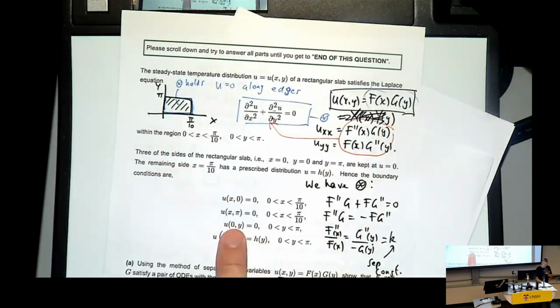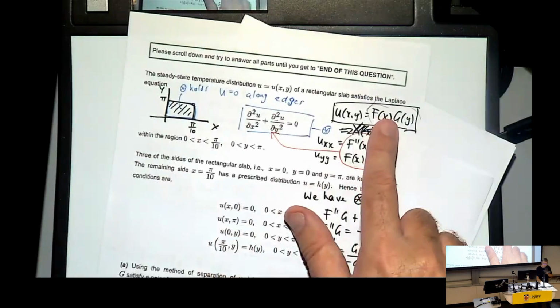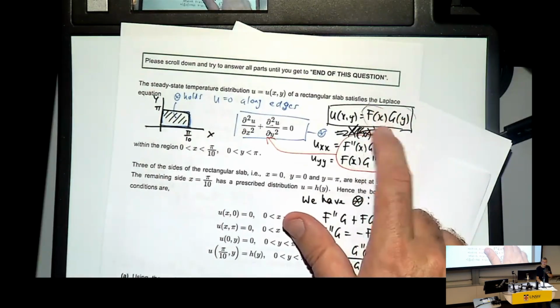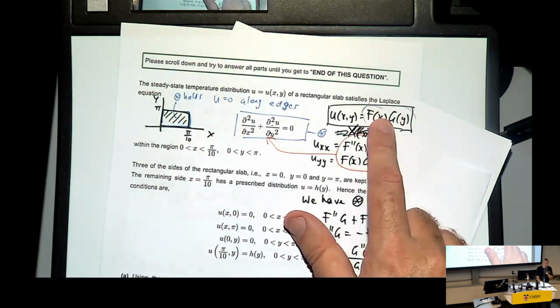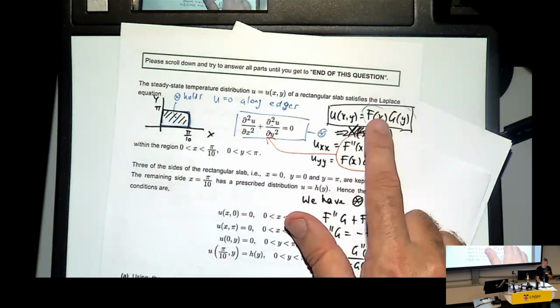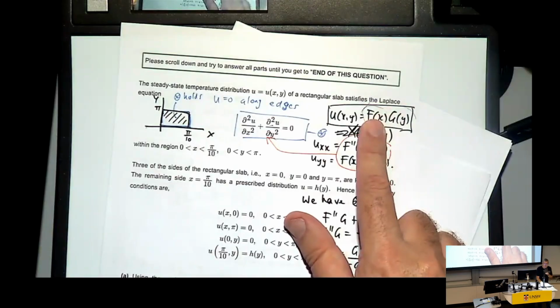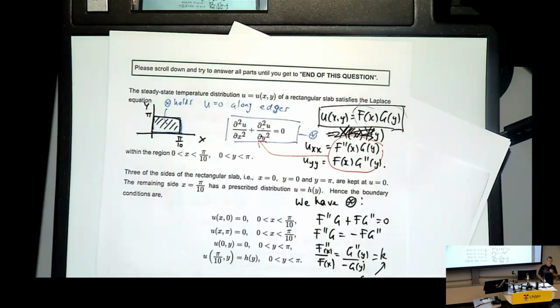So we go in here, say x equals 0, and set this product equal to 0. The only way this product can be 0 is if one of these things is 0. It can't be that, it's got to be that. It can't be the G, because it's not interesting. The only thing you'll end up with then is big F equals 0, big G equals 0, which is a zero solution, not something you want.